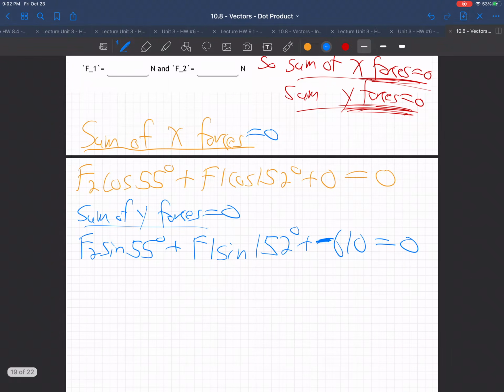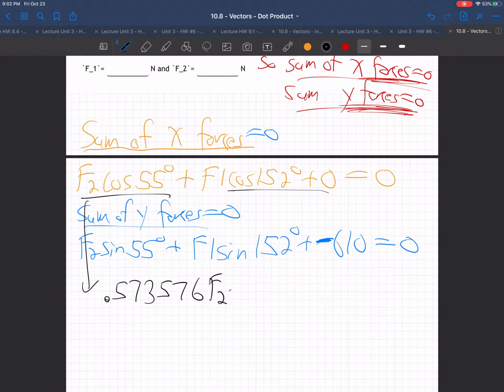Okay, so what now? We've got two equations with two unknowns. So this is a hard problem. I'm going to take this equation, bring it down here, and use my calculator. I find the cosine of 55. Make sure you're in degree mode. This is 0.573576. You better use about 6 digits, just to be safe.